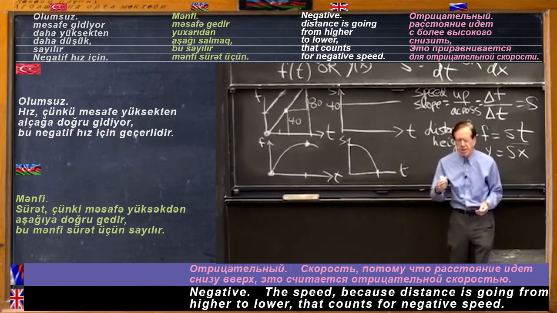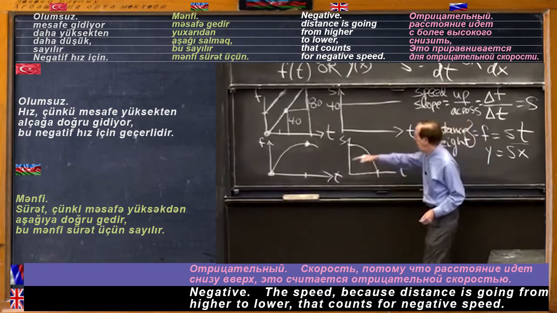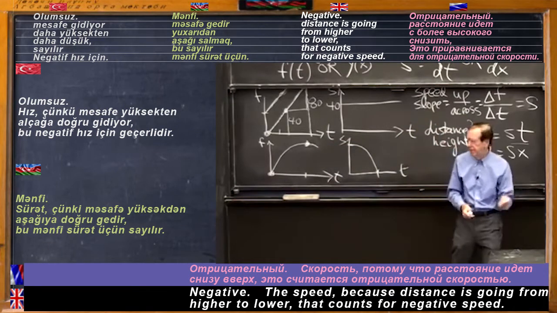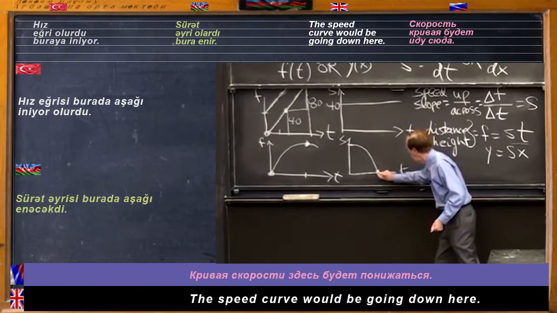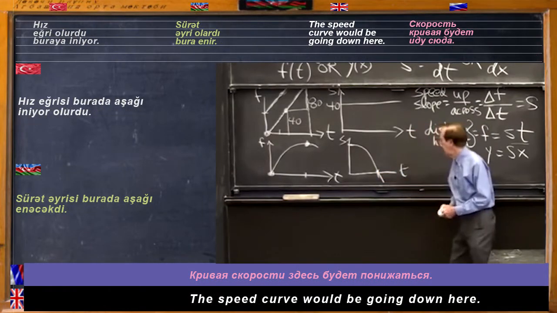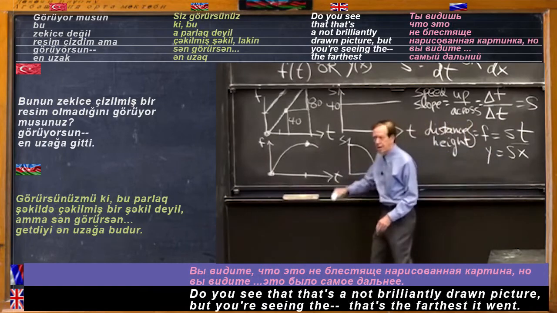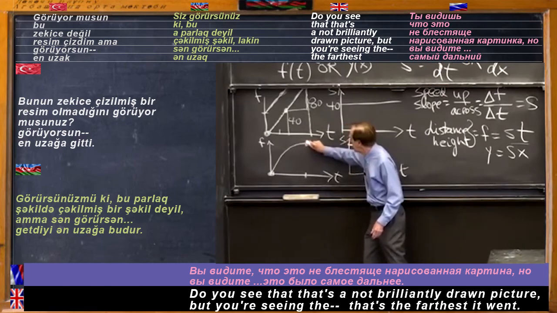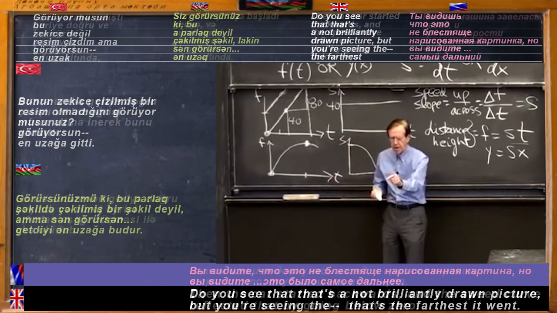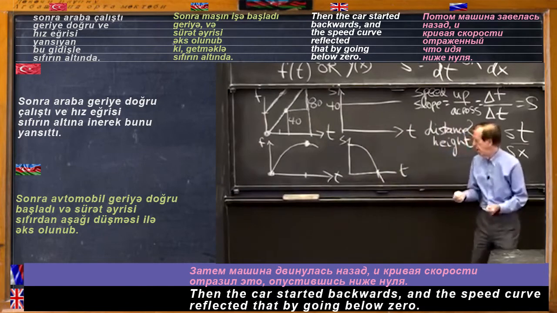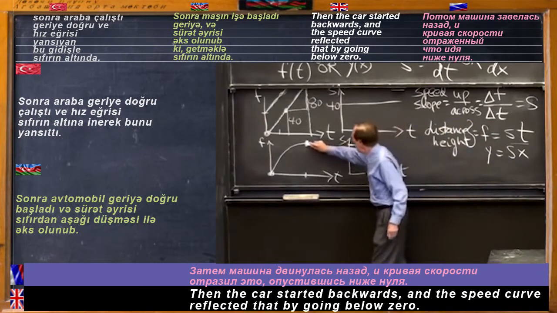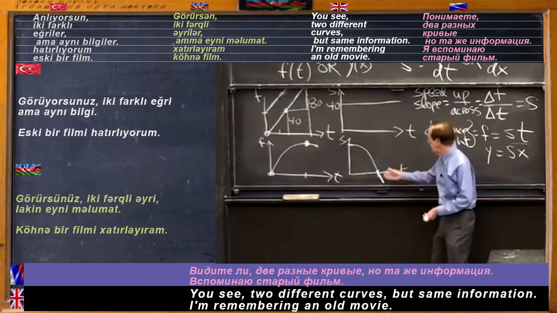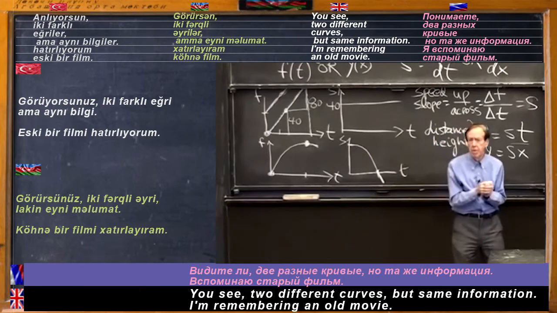Because distance is going from higher to lower, that counts for negative speed. The speed curve would be going down here. That's not a brilliantly drawn picture, but you're seeing that's the farthest it went. Then the car started backwards, and the speed curve reflected that by going below 0. You see the two different curves, but same information.